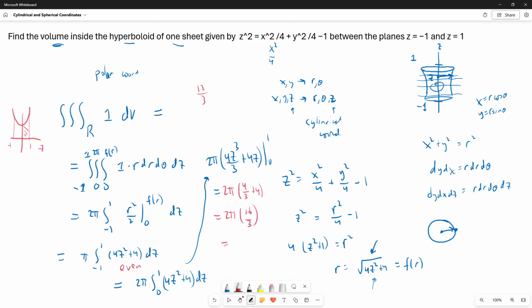And double that, that's 32/3. So 32 pi over 3. That's the volume of our nuclear cooling tower. The hyperboloid of one sheet between two planes. It has a top and a bottom.